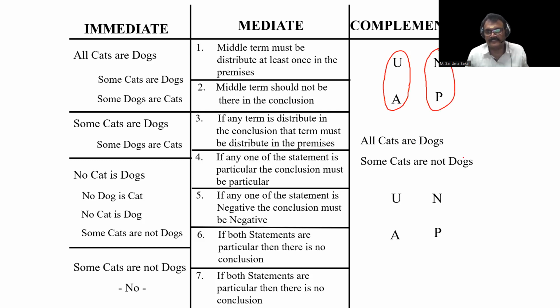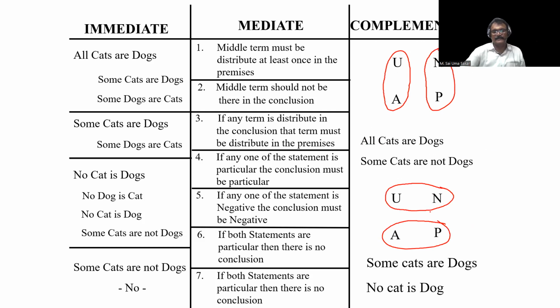All cats are dogs and some dogs are not cats. Here the complementary pair is satisfied. What is the next one? Here if one of the conclusions is universal negative, the other conclusion must be particular affirmative. Here some cats are dogs and no cat is dog.